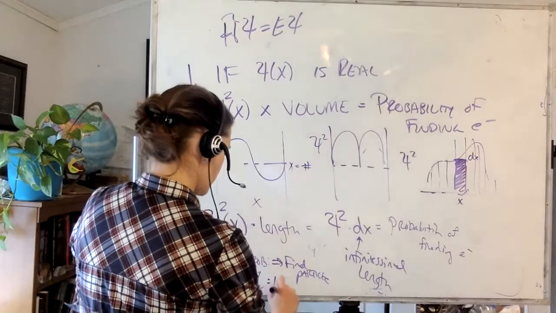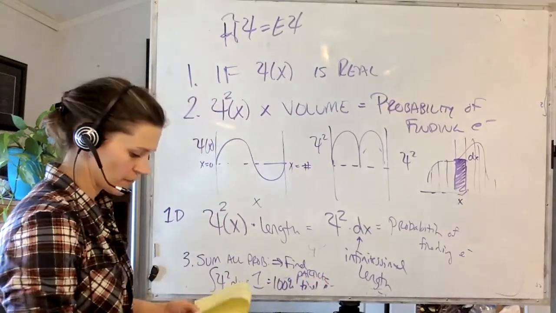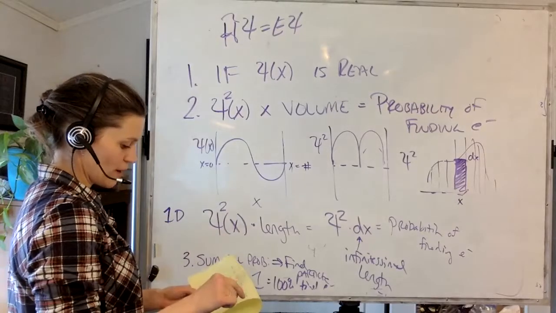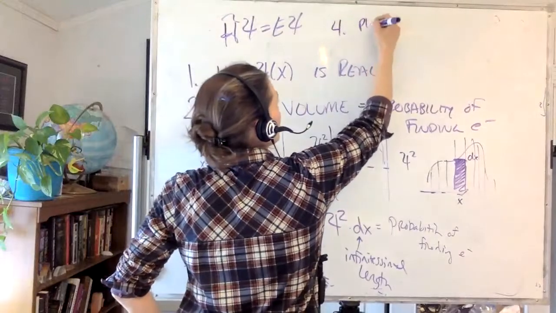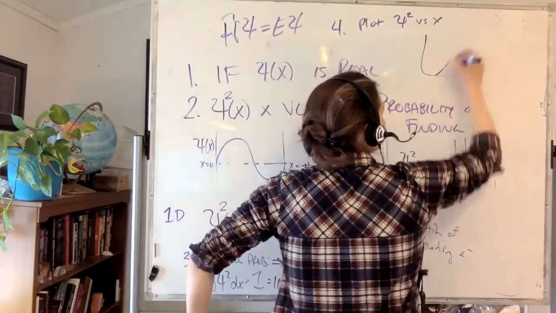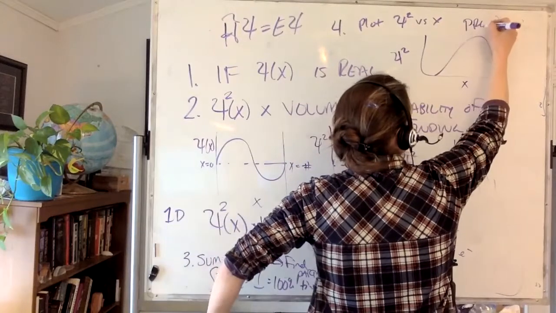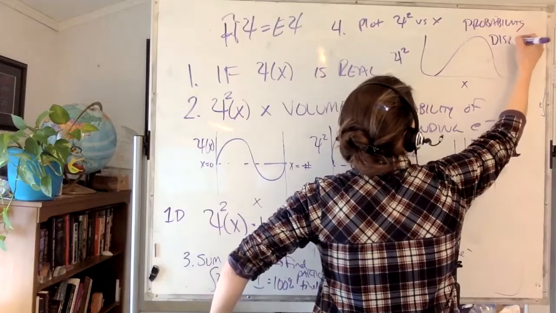Number four, if I plot psi squared versus x, I get a probability distribution.